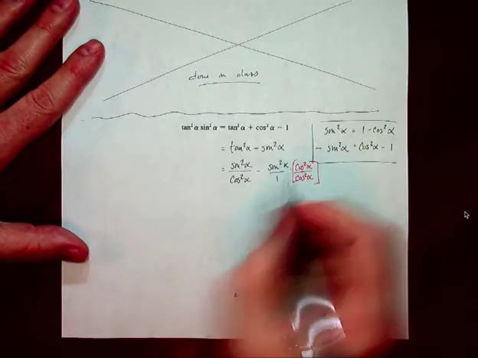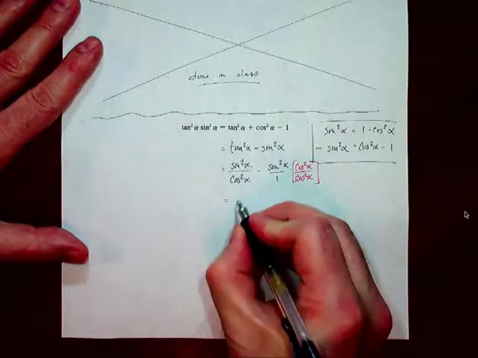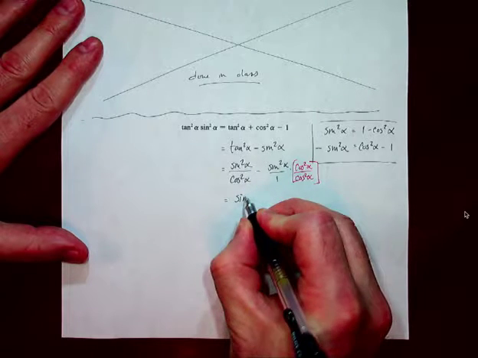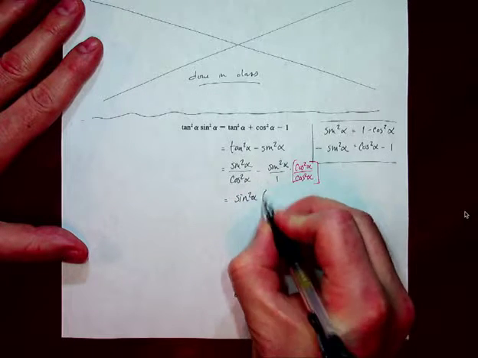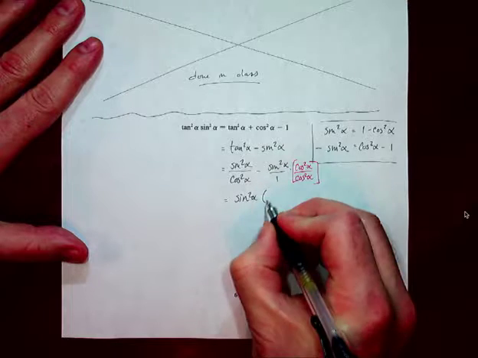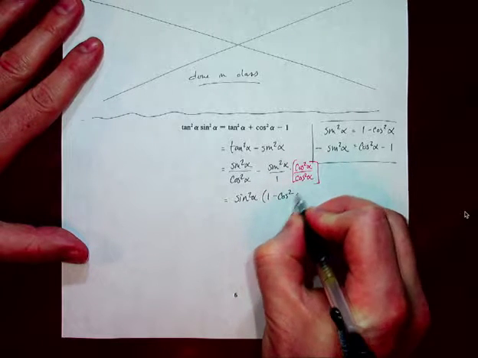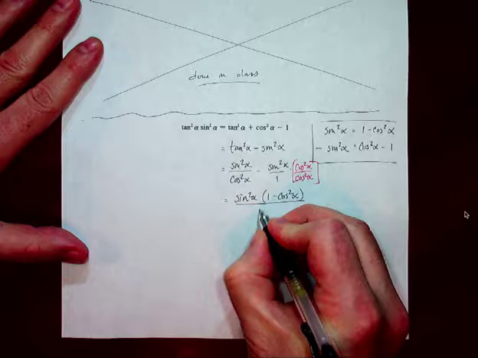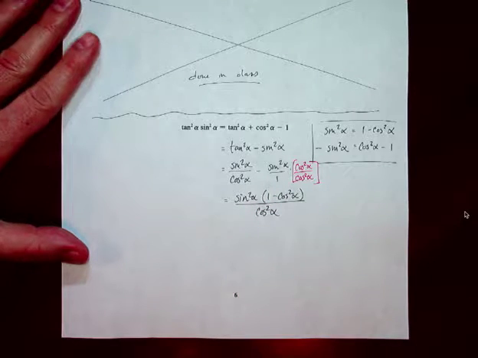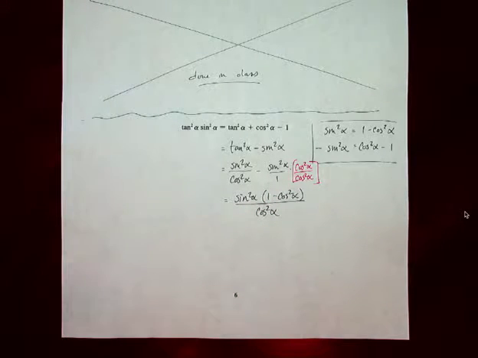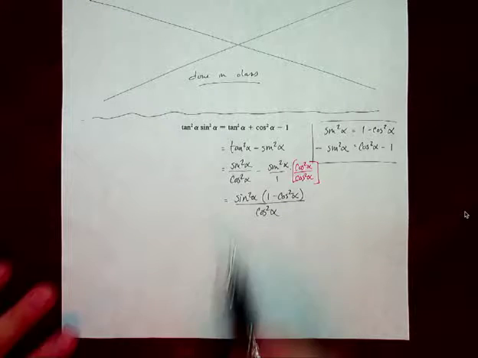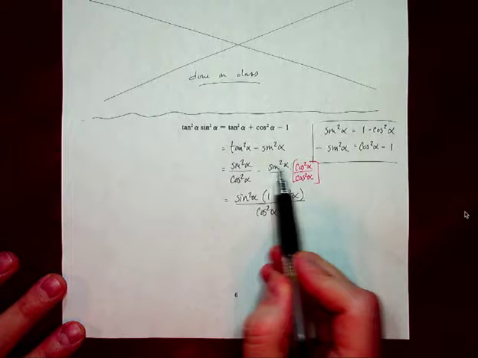But basically, if I multiply that by cosine squared over cosine squared, then what I'm going to get in the numerator, once I combine them and factor out a sine squared, is that, okay? You get a common denominator, you push them together, and you get sine squared minus sine squared times cosine squared.